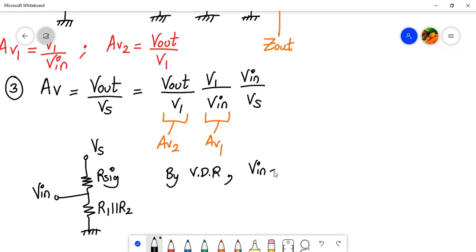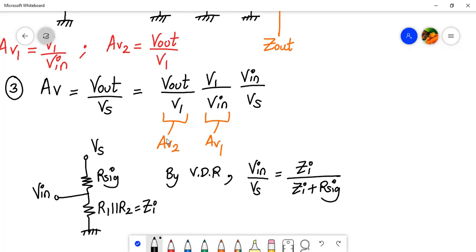So V in will be Zi divided by R6 plus Zi into Vs. So that Vs will come over here, and we can write V in divided by Vs will be equal to Zi divided by Zi plus R6, right? So this term is evaluated, V in upon Vs is calculated.